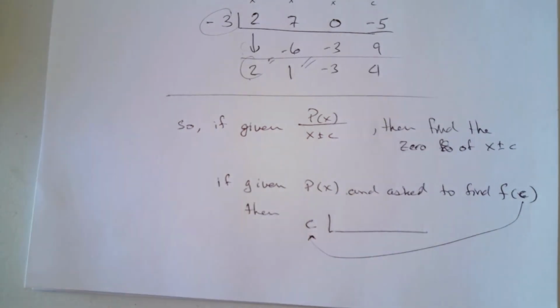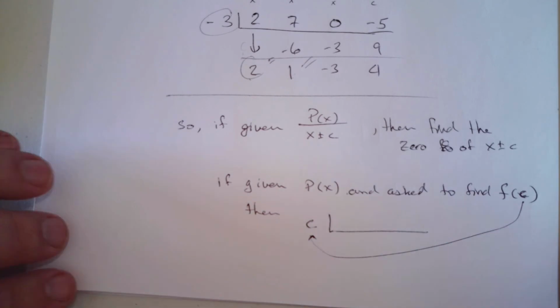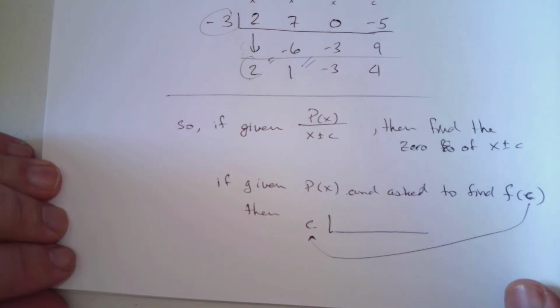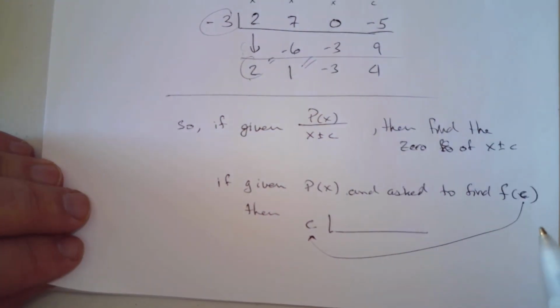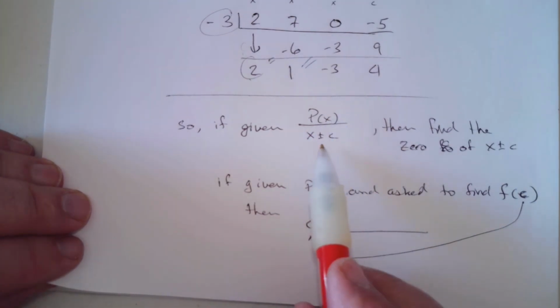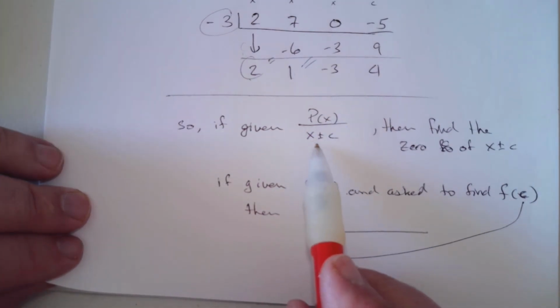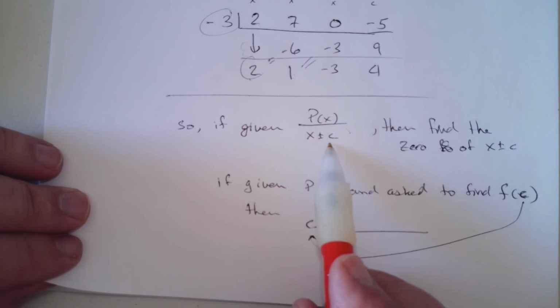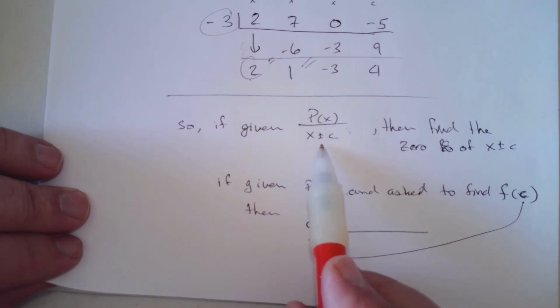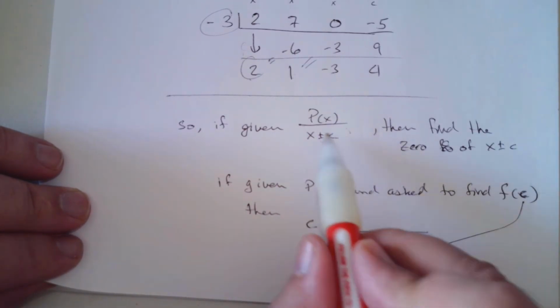You don't have to change anything. So if I give you a fraction, or something divided, then find the 0 of the dividing part, the divisor. Just change the sign. If I give you, find the specific value, then just plug that value in there.